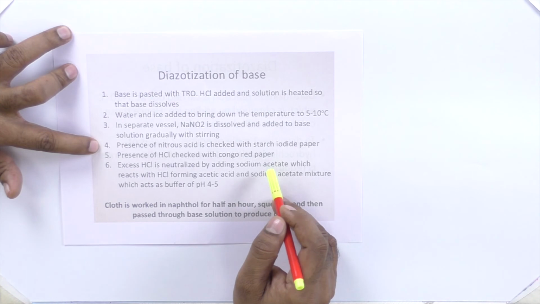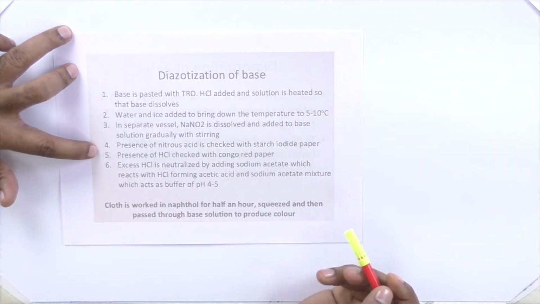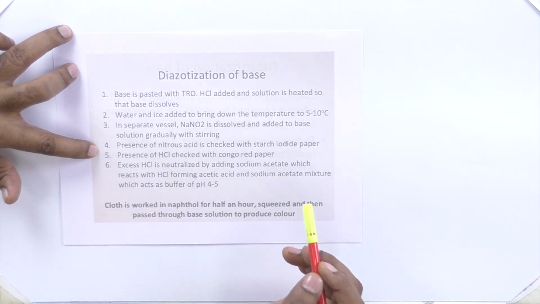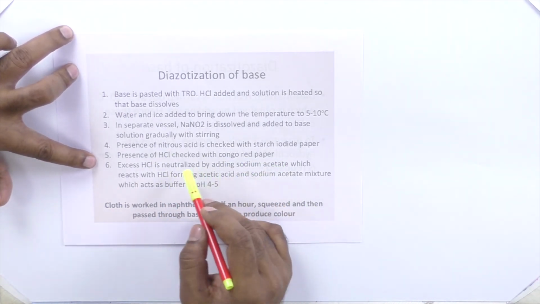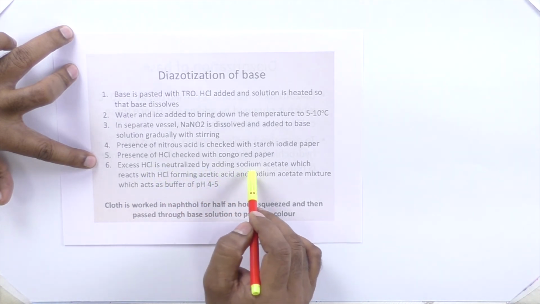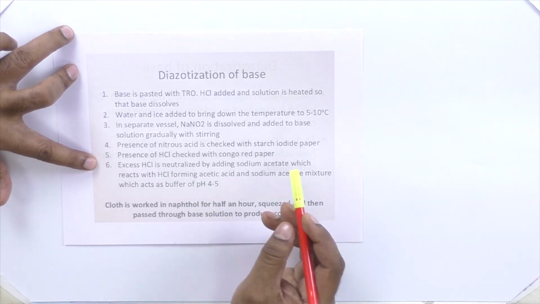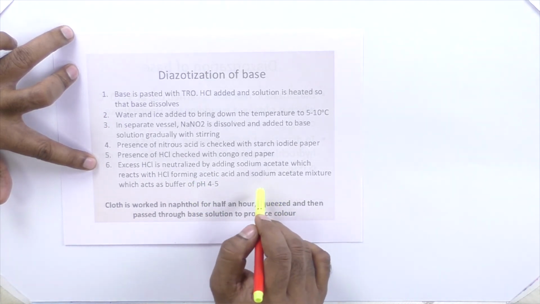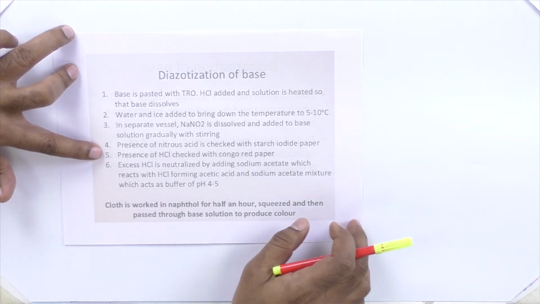The presence of nitrous acid is checked with starch iodide paper, and the presence of HCl can be checked with Congo red paper. Excess HCl is neutralized by adding sodium acetate, which reacts with HCl forming acetic acid. The sodium acetate mixture acts as a buffer of pH 4 to 5.